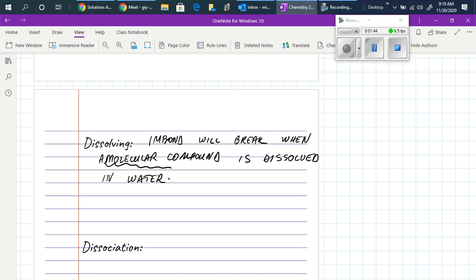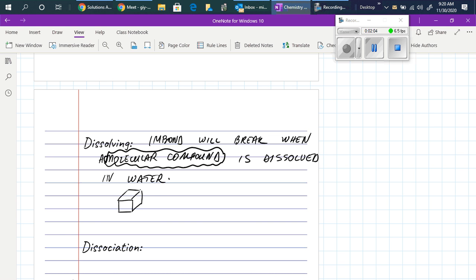It is important to emphasize that what we are dealing with is a molecular compound. Let's say that we have a sugar cube that is placed in water. When we have the sugar cube, the molecules are connected between each other with what are called intermolecular bonds.